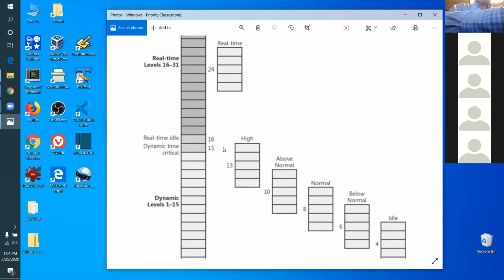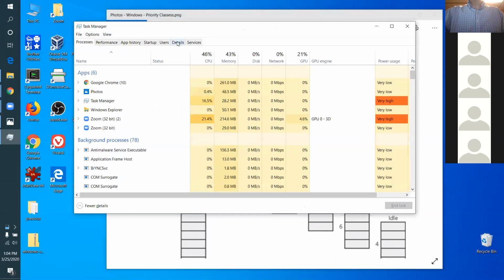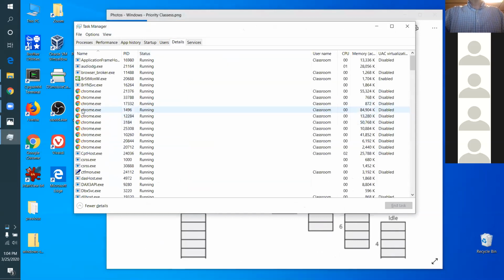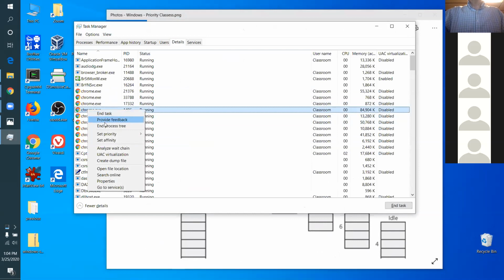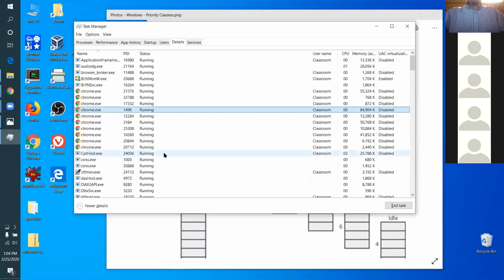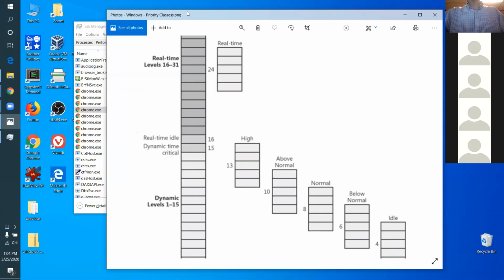If you call up Task Manager and you go to Details and you pick a process, you can set its priority. Now, this is not setting its priority level. This is setting its priority class. That's setting the class over here.